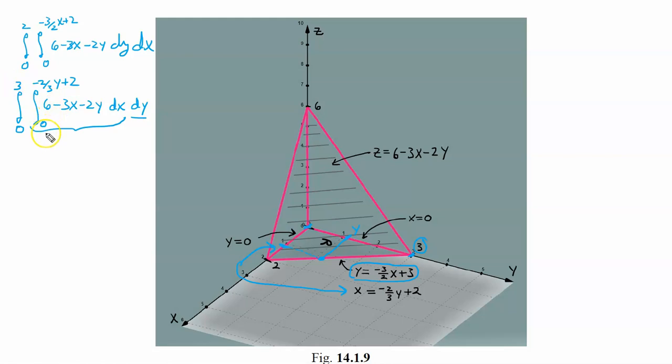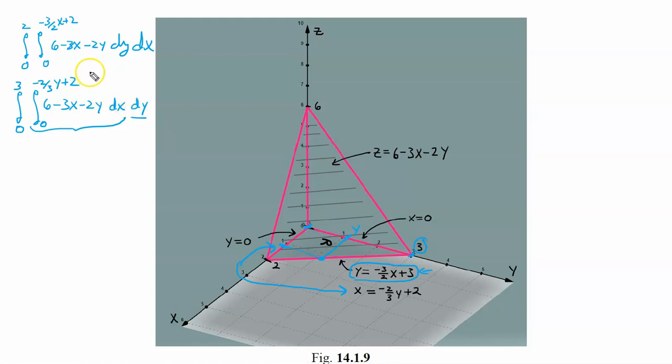And once again, you get that 3 just by putting 0 in for x into this equation right here, and you get y equals 3, of course. And so both of these double integrals will give us the exact same number back.